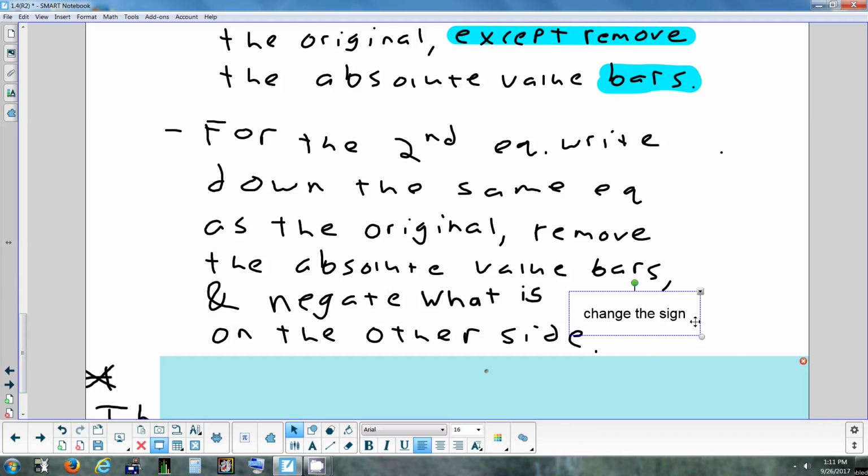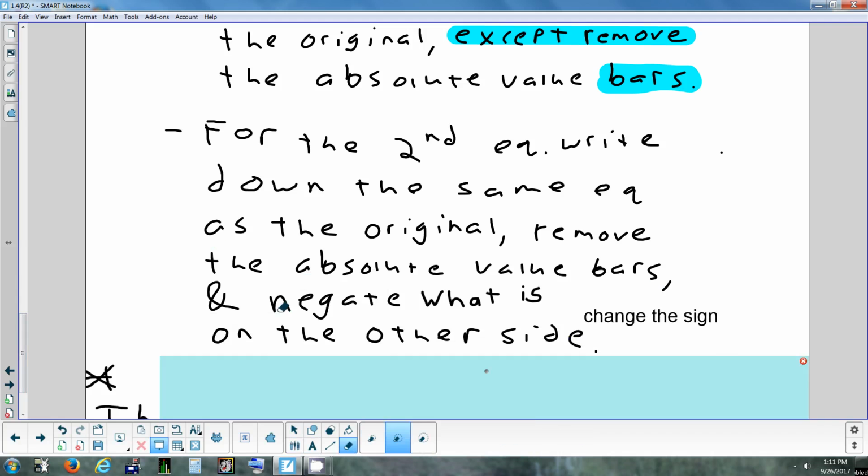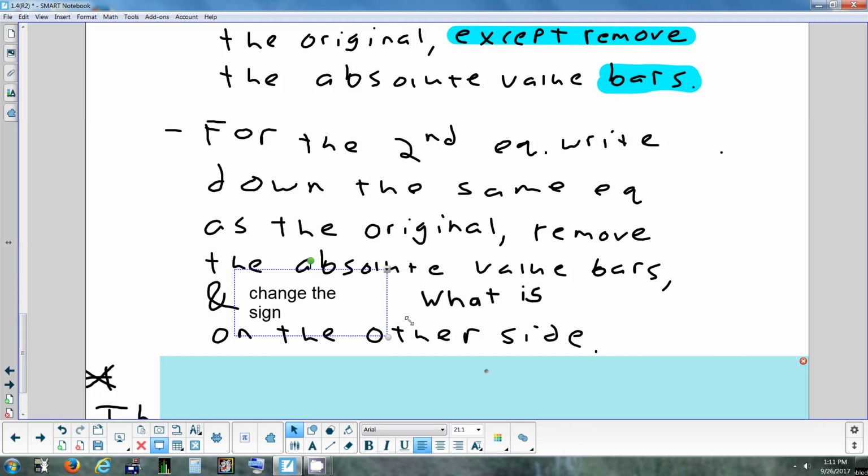If it's positive, make it negative. If it's negative, make it positive. So one way will be the exact same equation, no absolute value bars. The other way is no absolute value bars, but opposite sign.